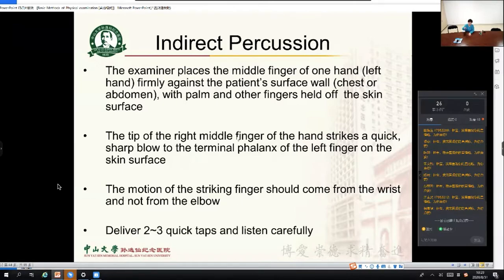You use your wrist for the striking force like this. The striking motion comes from the wrist, but not the elbow, okay? Deliver 2 to 3 quick taps and listen carefully. So this is the indirect percussion.